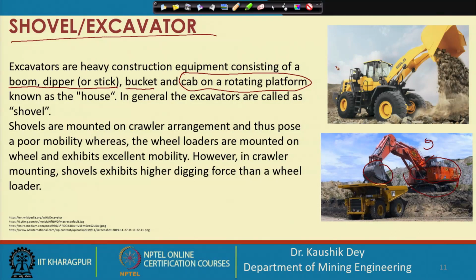Unlike the loader, which is mounted on a steering system and has to move as it is wheel mounted, the excavator is crawler mounted, so the mobility is high in the case of a loader, but low in the case of an excavator. But the loader has a very low digging capacity, though its loading efficiency is very high because its propelling speed is more.